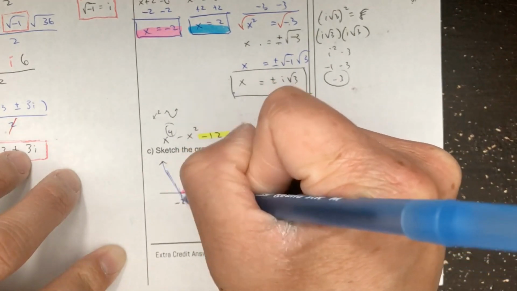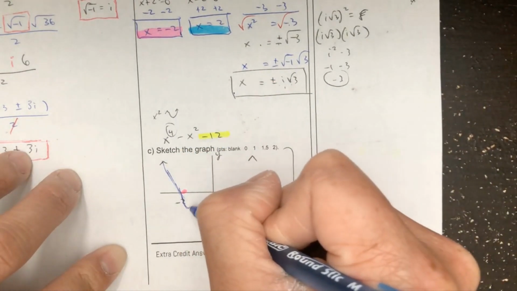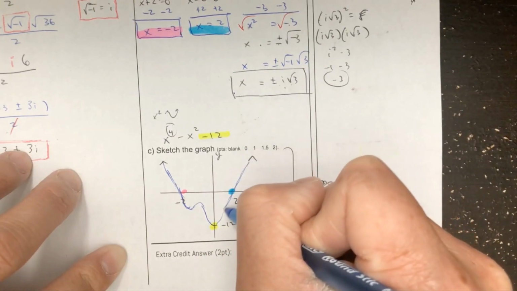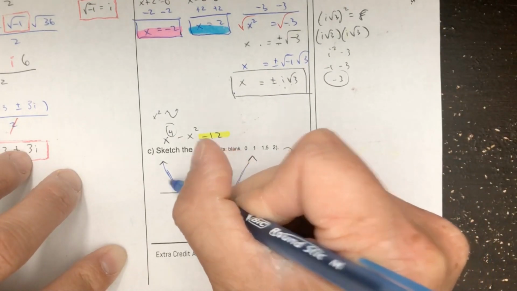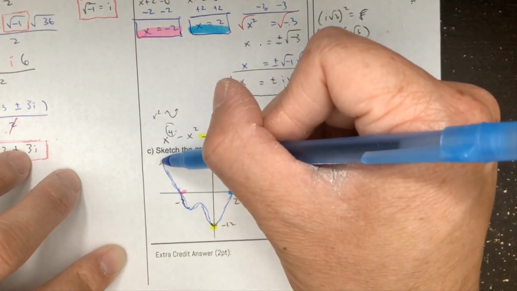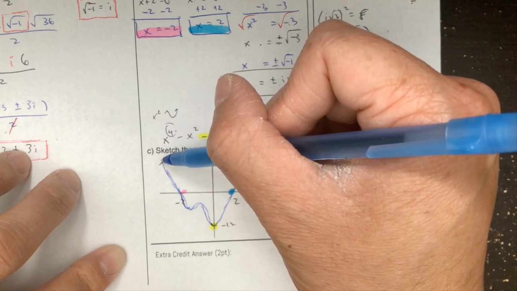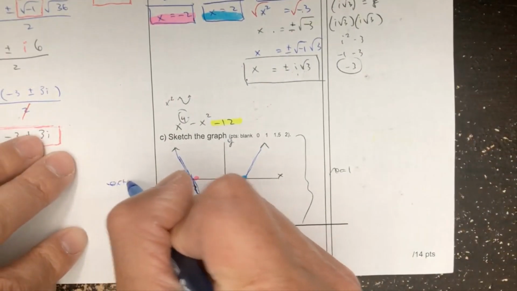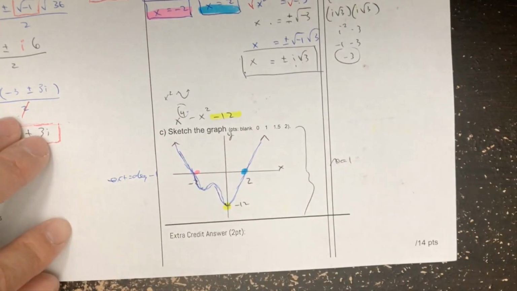Now I should show some kind of turning point or extrema there. Why is that the case? Remember the degree 4, extrema equals degree minus 1. We learned that previously. Extrema equals degree minus 1.